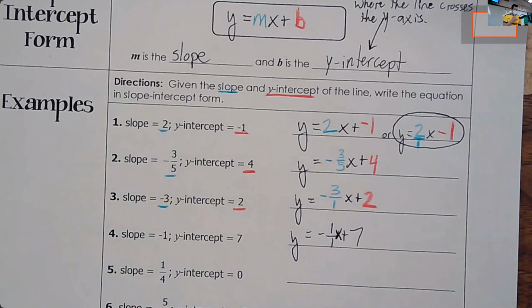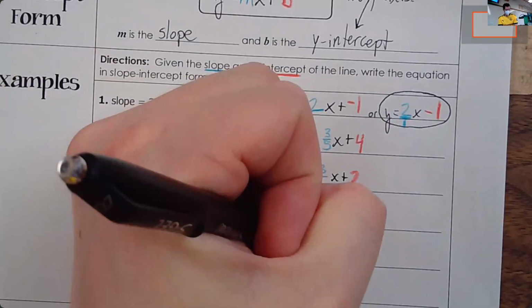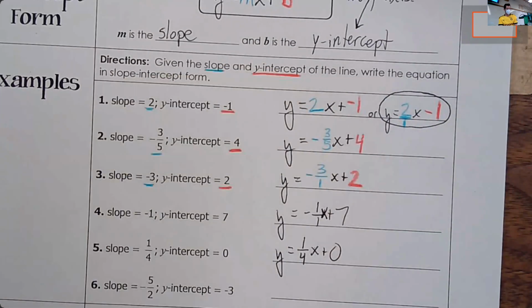Okay. Number 5, we've got y equals 1 over 4x, or 1/4 x plus 0. Did anybody write anything different for this one? Do you suppose there might be another way of writing this one?